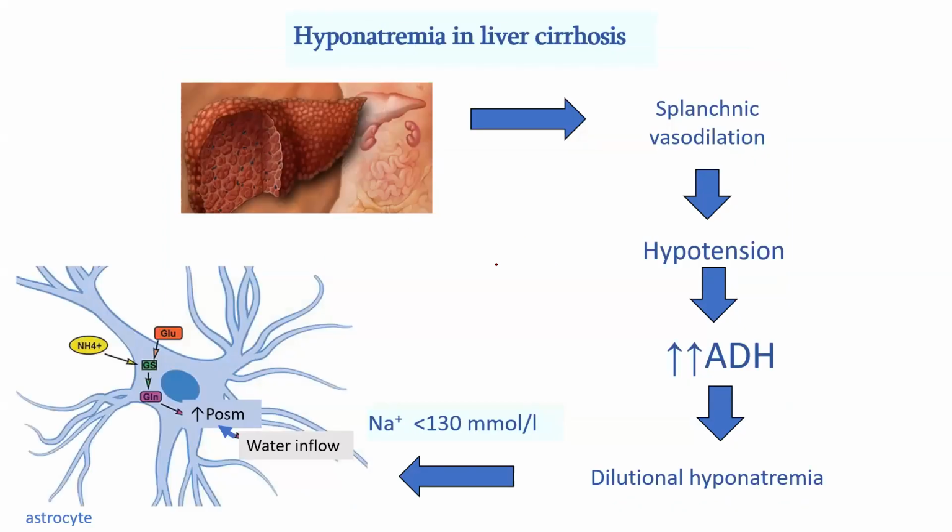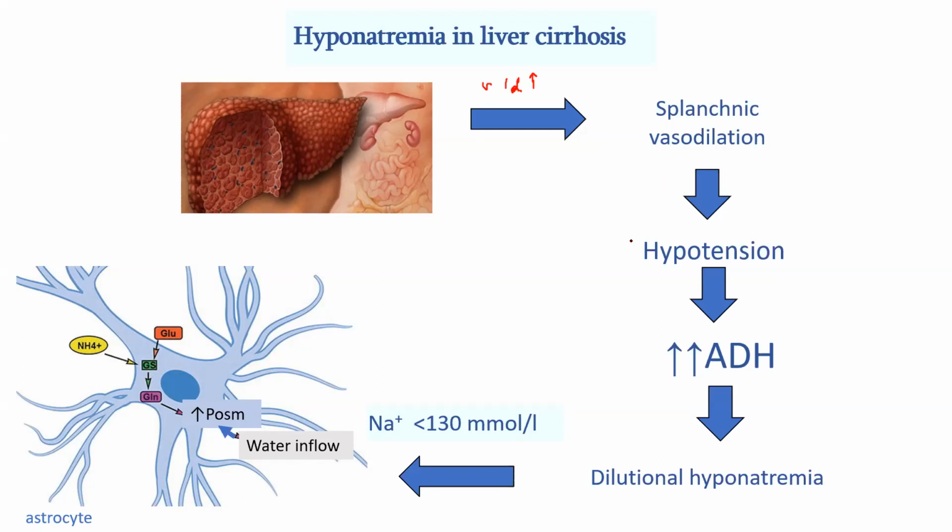Now about mechanism of hyponatremia in liver cirrhosis. Liver cirrhosis is characterized by accumulation of vasodilators in the body because they are not destroyed by injured liver, by fibrotic liver. They are accumulated and they cause splanchnic vasodilation.